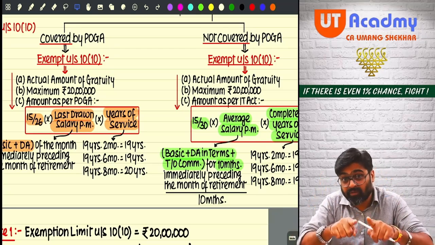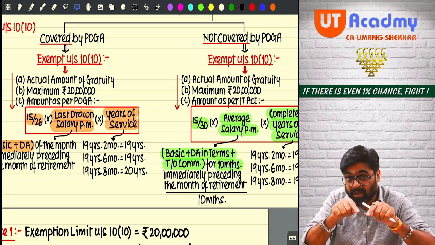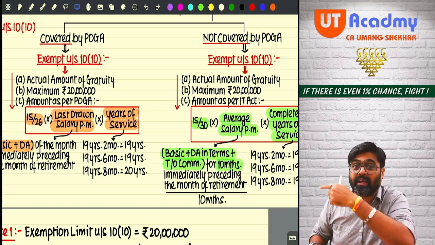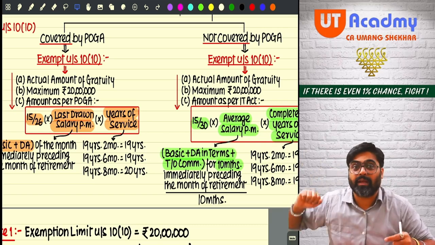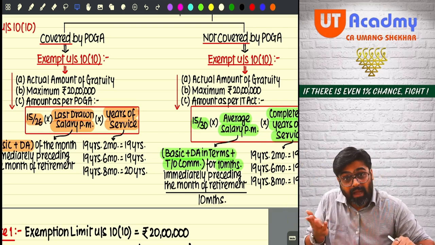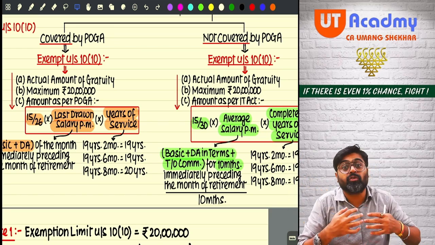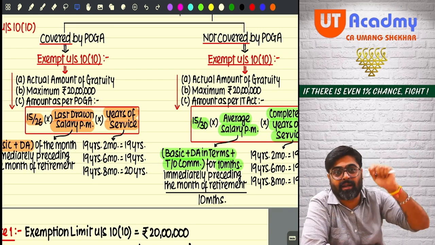Were you receiving gratuity in the past? Yes. Did you take the gratuity exemption in the past? Yes. You received 15 lakhs gratuity and that time you took the exemption of 12 lakhs. And now, after working with that employer for a few more years, you were working with the current employer. From the current employer also you are getting a gratuity now.